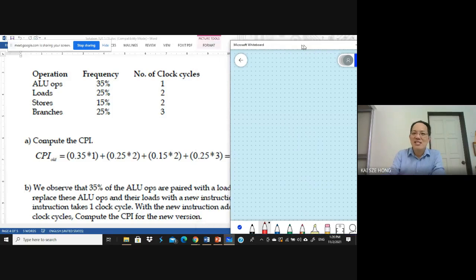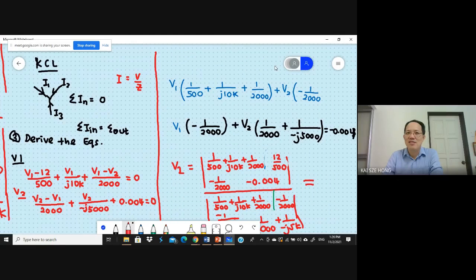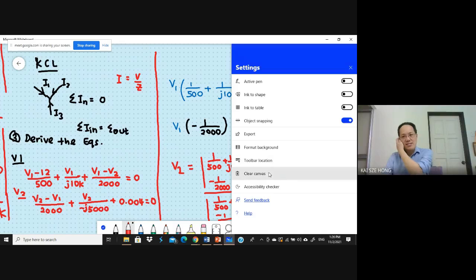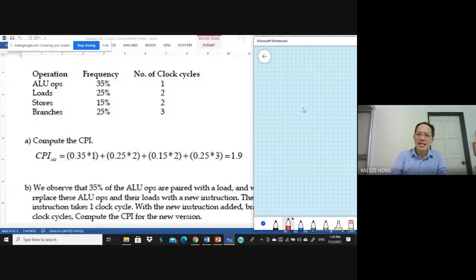Okay, they say that 35% of the ALU operation over here is ALU. Let me wipe it first. It's like this.